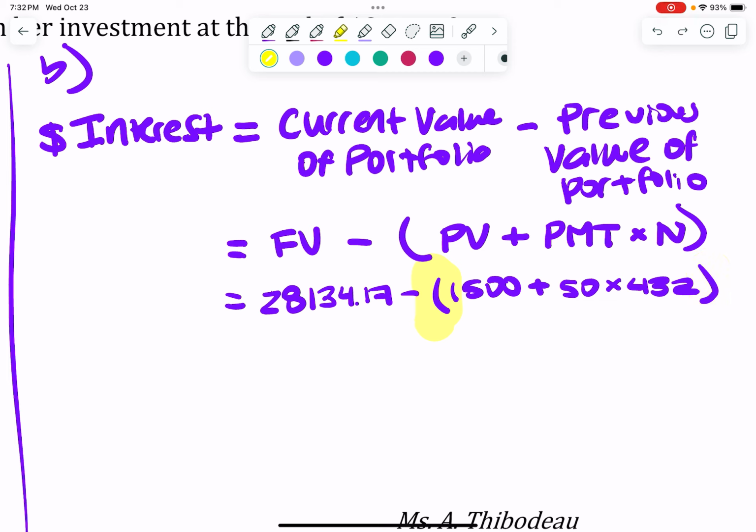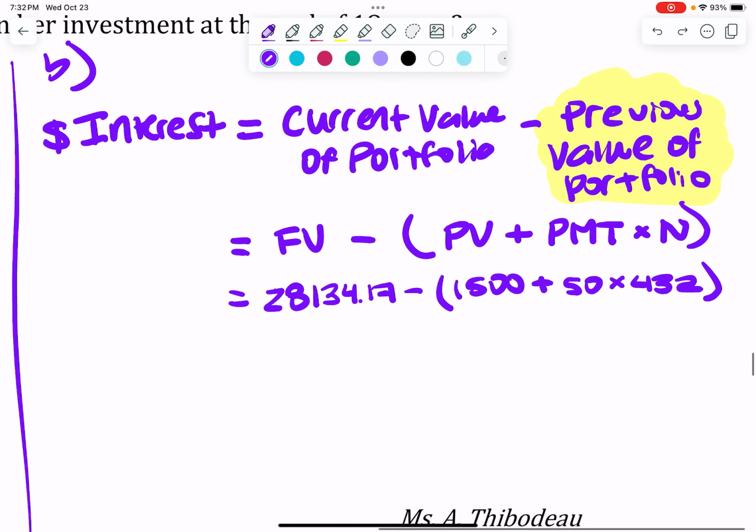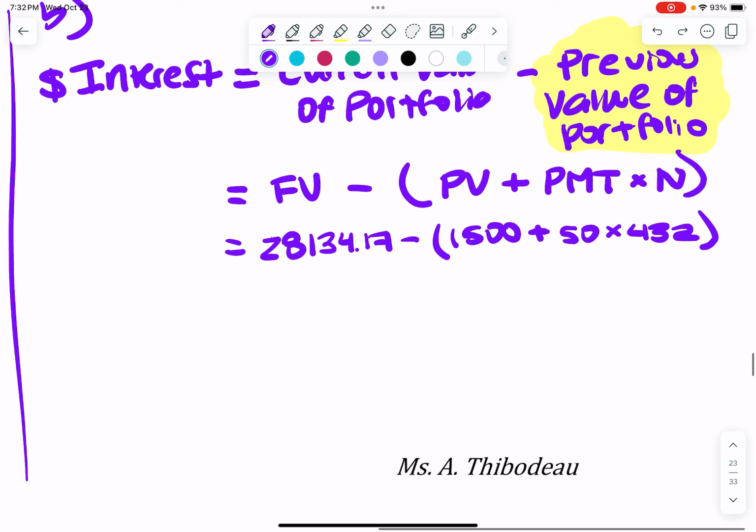Why? It's because I'm subtracting the total amount I've previously invested. And the total amount is all of this. So if I don't put in brackets, I will get an incorrect answer. I can actually just plug it in as is, though, as long as I involve the brackets. Okay? And that's no problem.